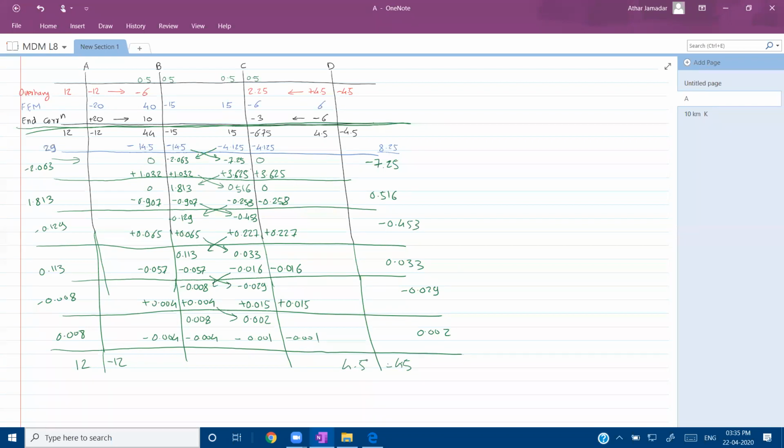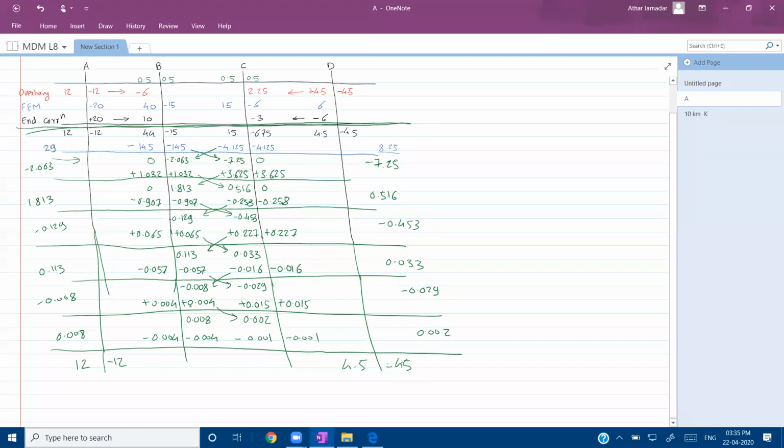So how to calculate these? So for that, MBA will be plus 44 minus 14.5 plus 0 plus 1.032 plus 0 minus 0.907 plus 0.065 minus 0.058 plus 0.004 minus 0.004.